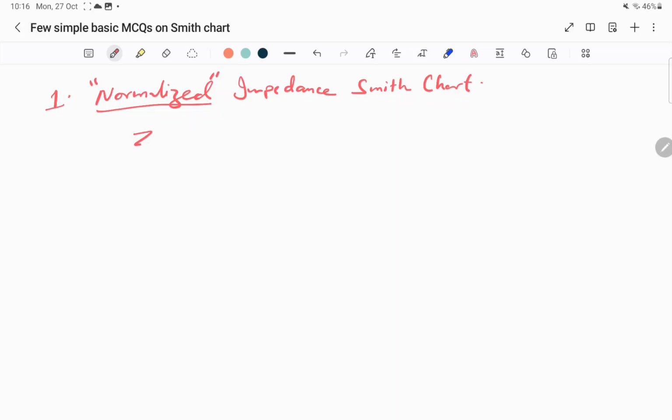Let us say you have ZL, which is the load impedance, which is equal to RL plus jXL. Now if you divide this load impedance by the characteristic impedance of the transmission line, you divide it here also and here also. So what you will get is rL plus jxL. These small case letters r and x represent normalized resistance and normalized reactance of load.